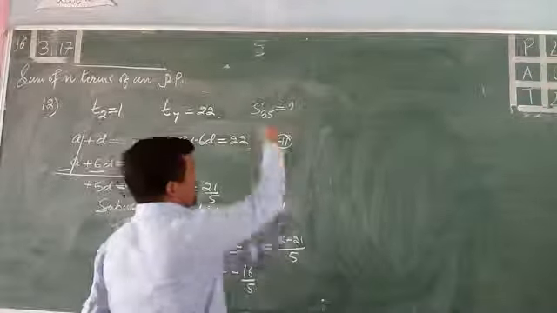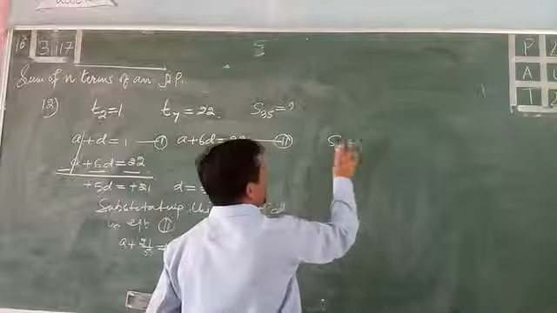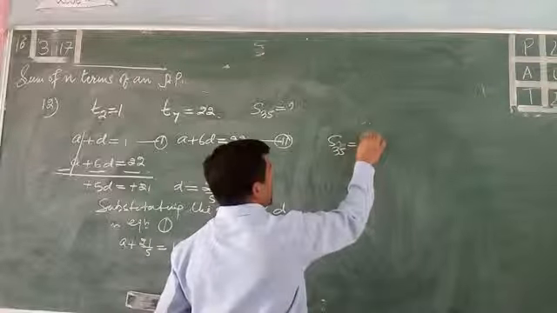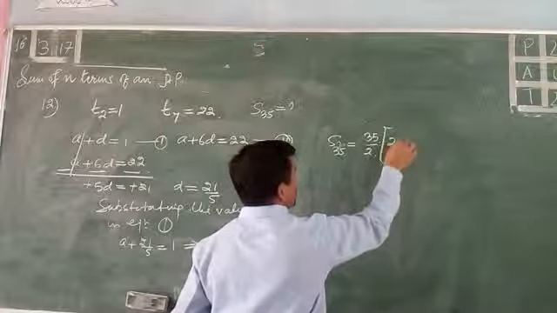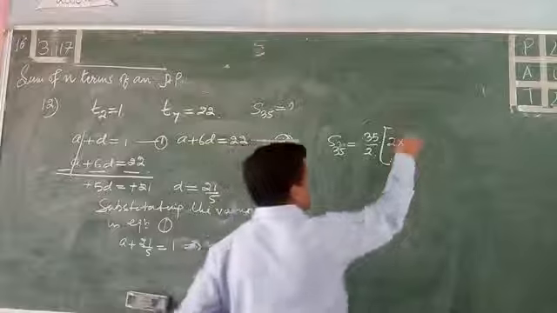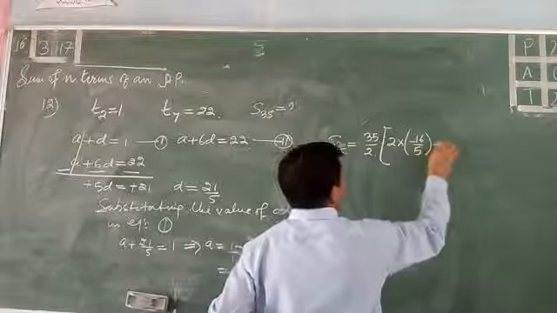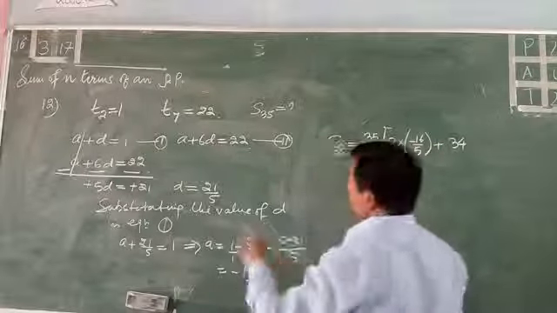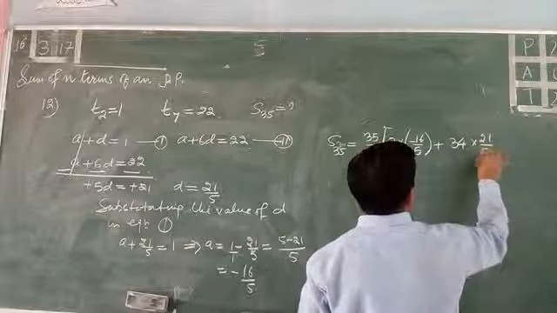After this, we will find the sum of 35 terms. Sn, that is S35, is equal to 35 over 2 into 2 into a, and your a is negative 16 over 5, plus n minus 1, that means 34, into d, the d is 21 over 5.